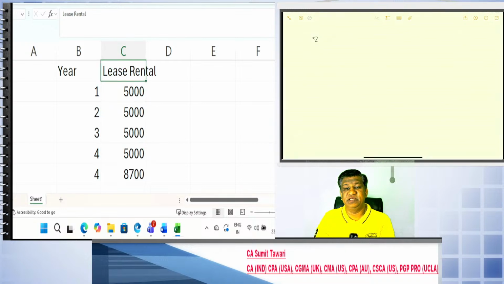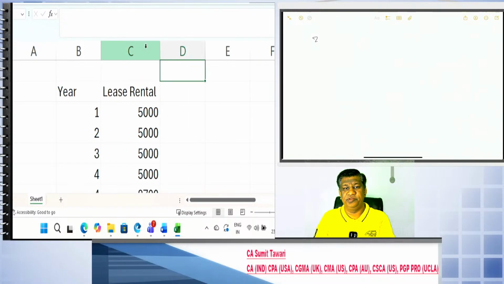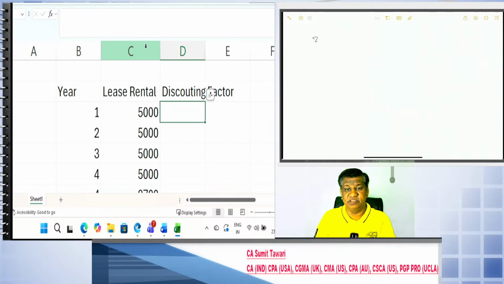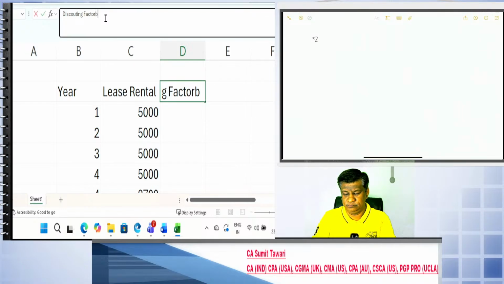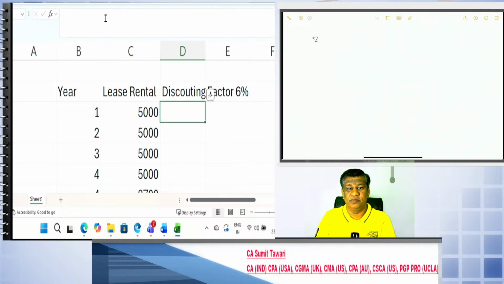So these are basically the future cash flows for the lessor. Now he can decide what would be the present value on the basis of the discounting factor. The discounting factor is basically 6%, so it is 1 divided by 1.06.